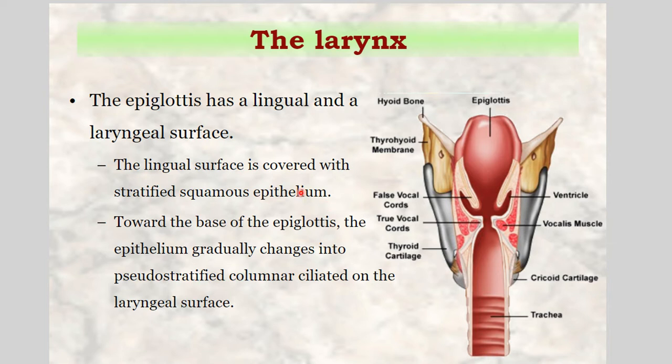So the lingual surface is covered with stratified squamous non-keratinized epithelium, and as we move towards the posterior surface or the base, it changes into pseudo-stratified columnar ciliated epithelium.